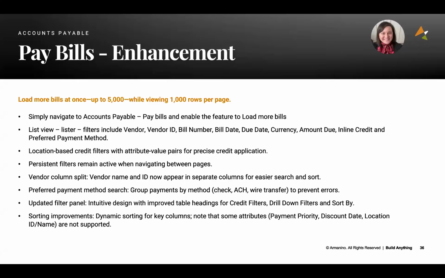The list view, Intacct sometimes calls that the lister. So those filters include what's listed here. We've got the vendor and the ID, which are separated now for ease of search. Bill number, date, due date, currency if you have multi-currency environments, amount due, the inline credit if that is enabled for you, and then the preferred payment method.